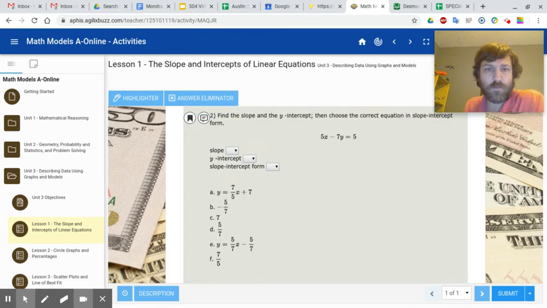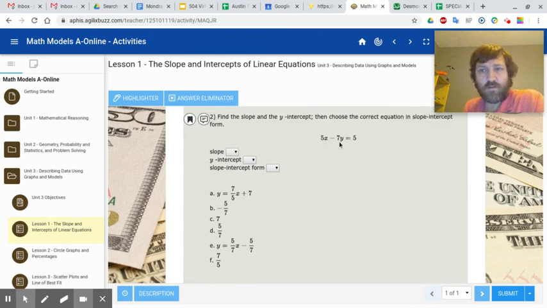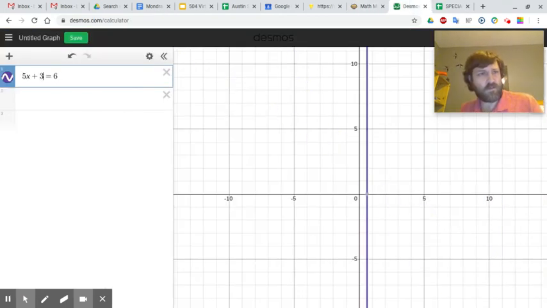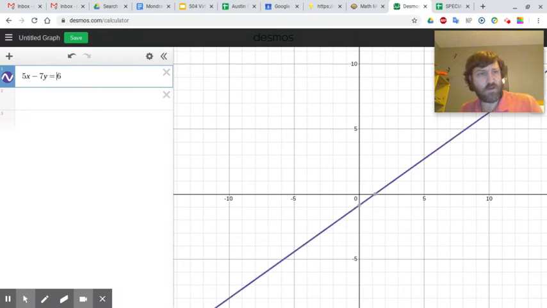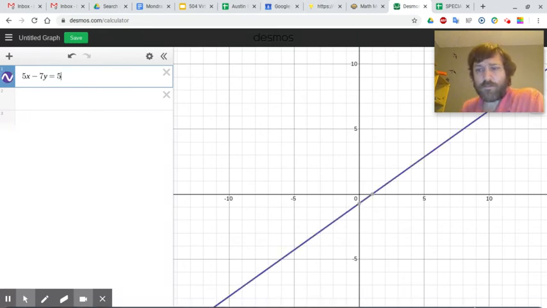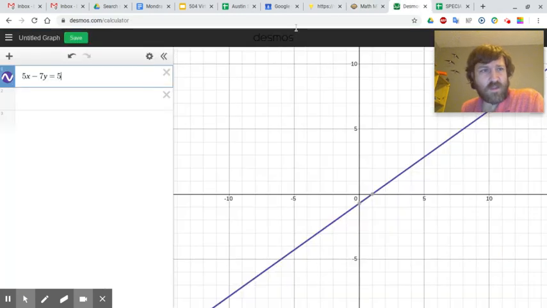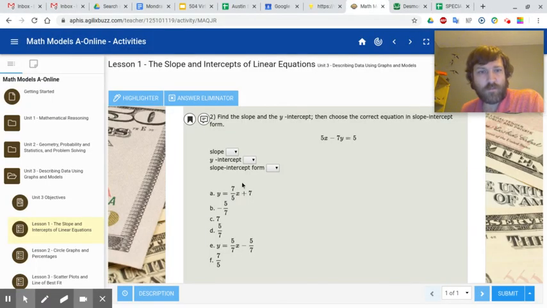Let's try this one. We have another equation, 5x minus 7y equals 5. We can see that again, this is a little bit of a strange one, but my y-intercept is negative 0.714.